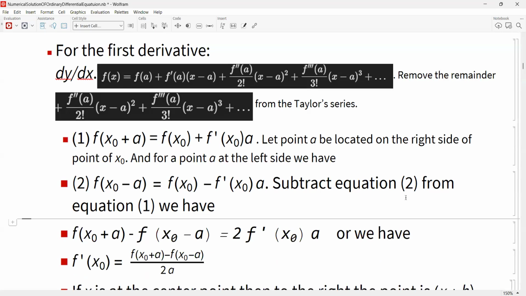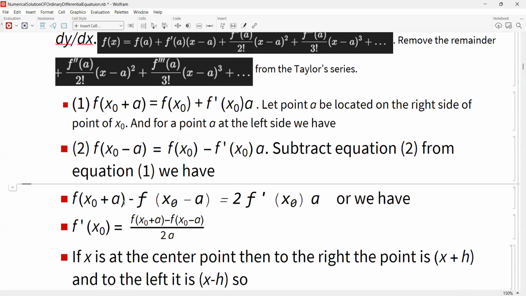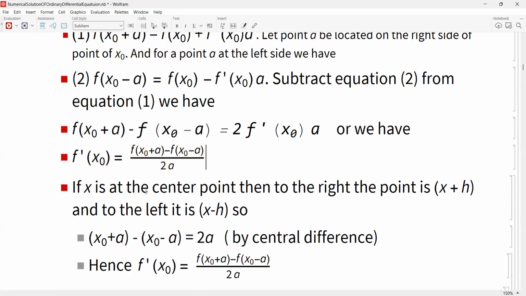Then subtract equation 2 from equation 1. So what we have here is this one. Or we have f prime of x sub 0 is equal to this. So if x is at the center point, then to the right, the point is x plus h, and to the left, it is x minus h.